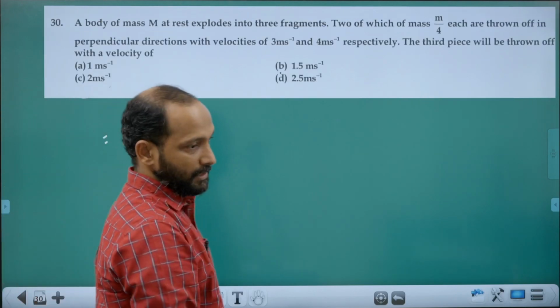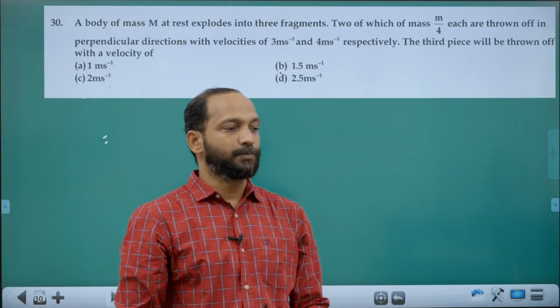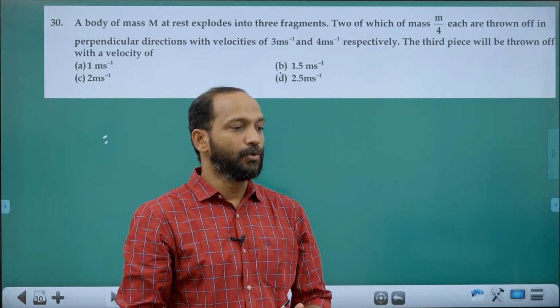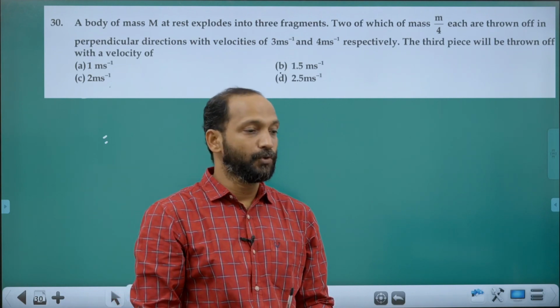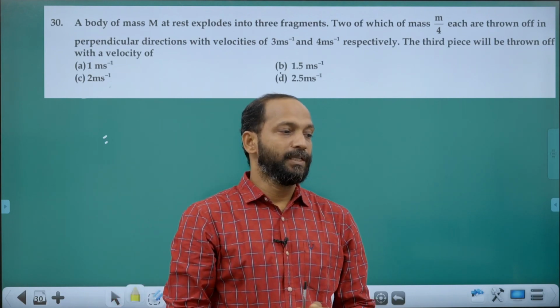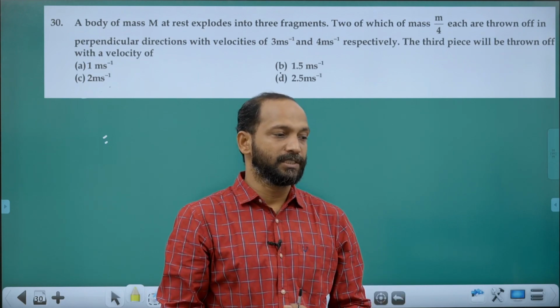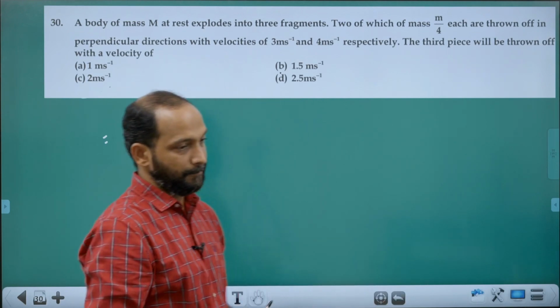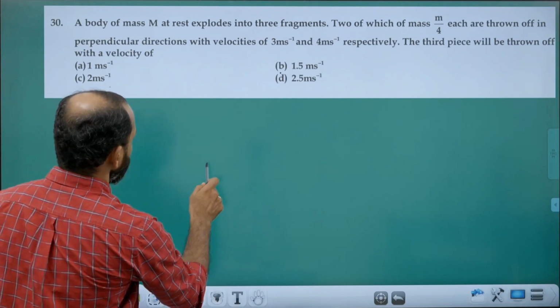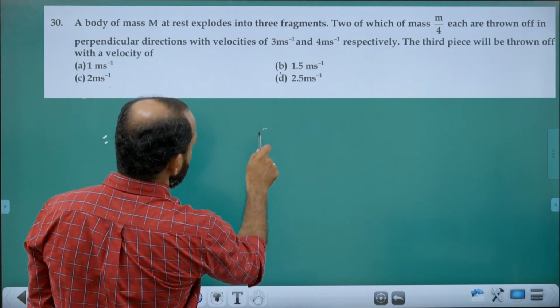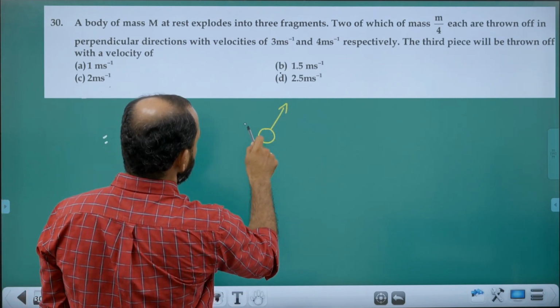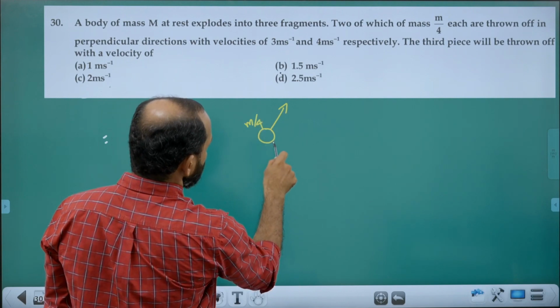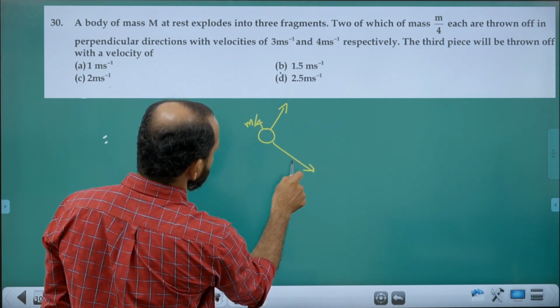Next one, last one. A body of mass m at rest explodes into 3 fragments, 2 of which, of masses m by 4 each, are thrown off in perpendicular directions with velocities 3 meter per second and 4 meter per second. Initial mass is m, and m by 4 as well as another m by 4.